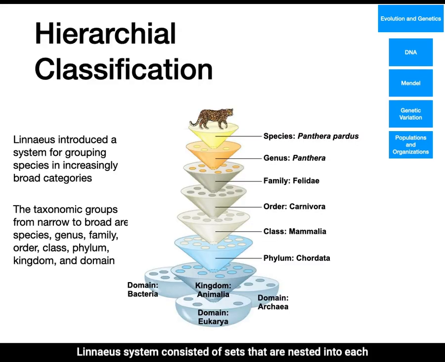Linnaeus' system consisted of sets that are nested into each other within a hierarchy. To examine the set, you can look on the screen to see the varying levels of organization for the leopard.